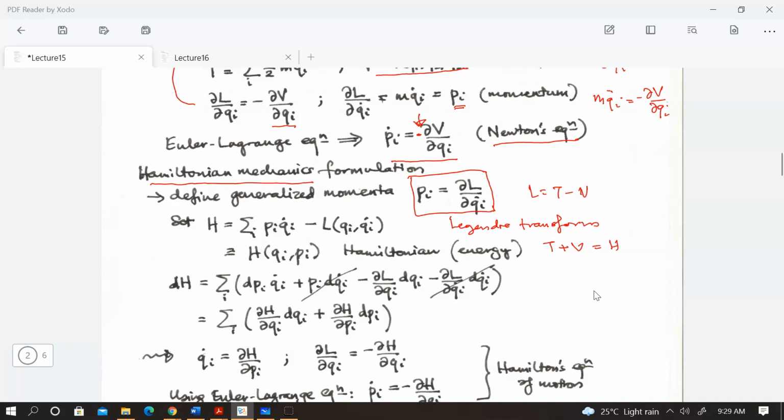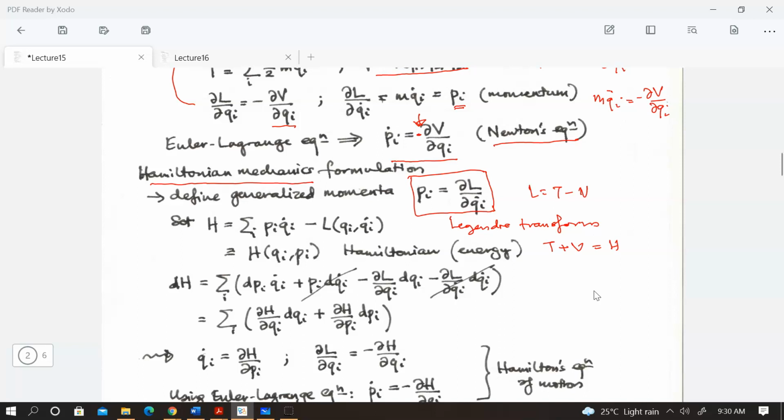So your Hamiltonian is now a function of what? It's a function of P and Q. If you take the variation of your Hamiltonian, you'll get the following. You vary your p's, so you get dp_i multiplied by q_i dot, and then since this is a product of two factors, I should be getting p_i dq_i dot, which we'll treat in a minute.